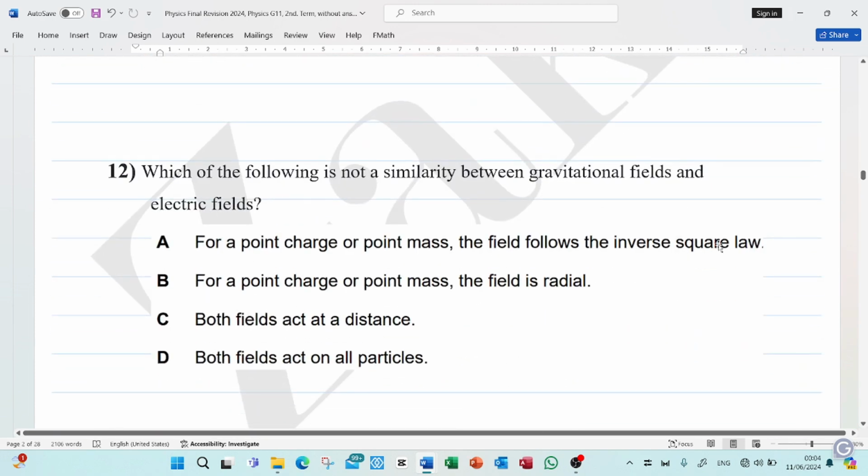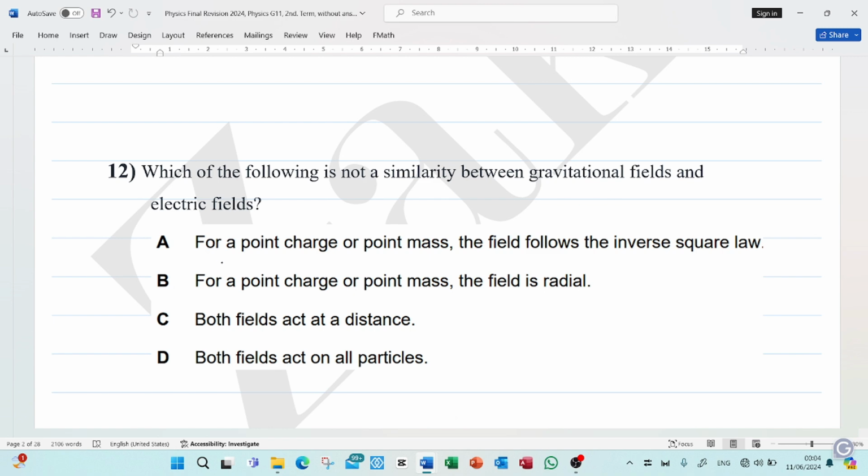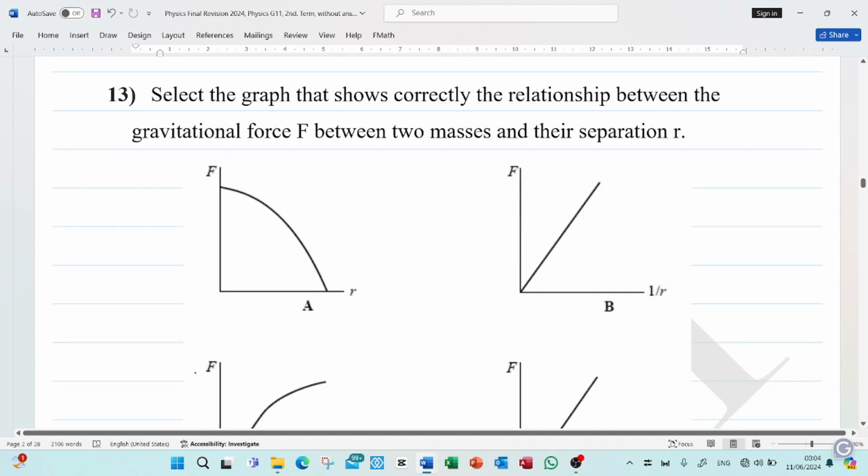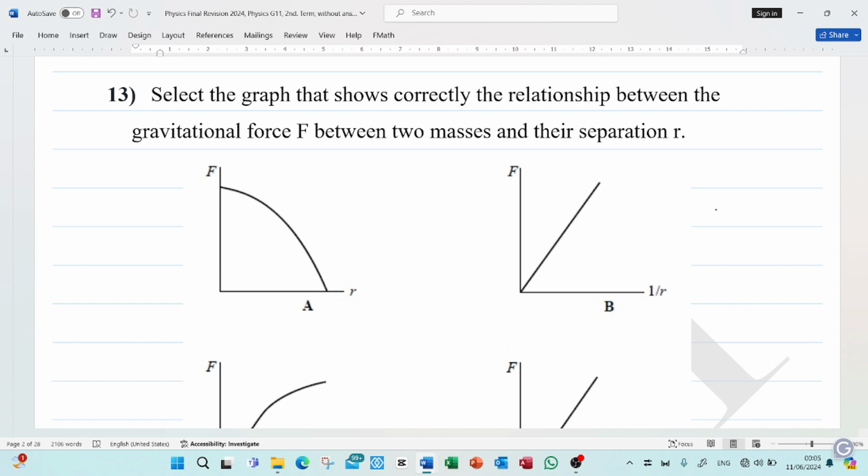Next question. Which of the following is not similar between gravitational fields and electric fields? Both fields act on all particles. Yes, this is the similar. Now, next question. Here. Select the graph that shows the correct relationship between F and two masses and separation.